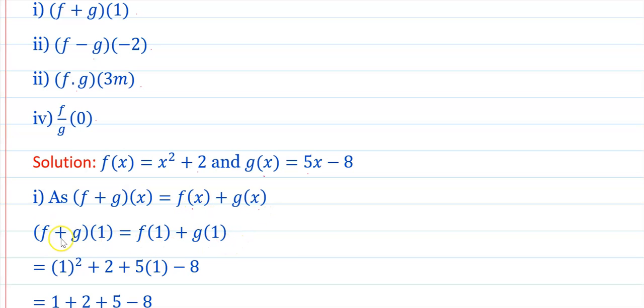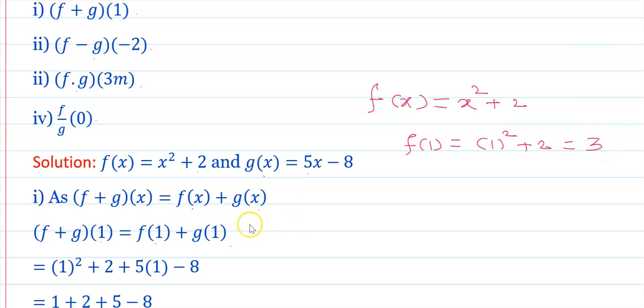We want to find f plus g of 1, which is equal to f of 1 plus g of 1. Now what is the value of f of 1? f of 1 means what? This is the function, where f of x is equal to x square plus 2. Now what is the value of this f of 1? f of 1 is 1 square plus 2, and that is equal to 3.